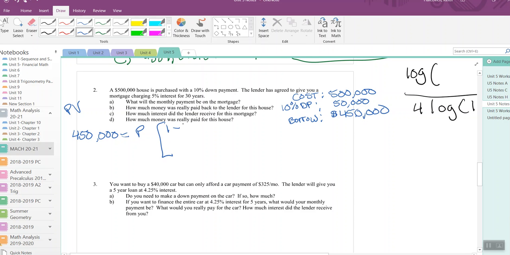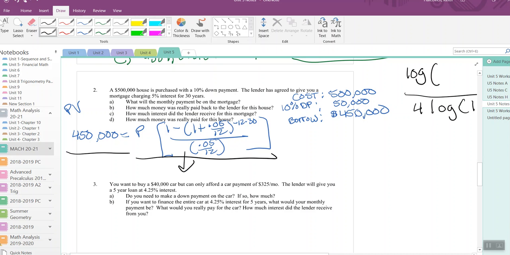You're going 1 minus (1 plus 0.05 divided by 12) to the negative 12 times 30 power, over 0.05 divided by 12. Now to find the payment, you're just going to divide this whole thing by both sides.